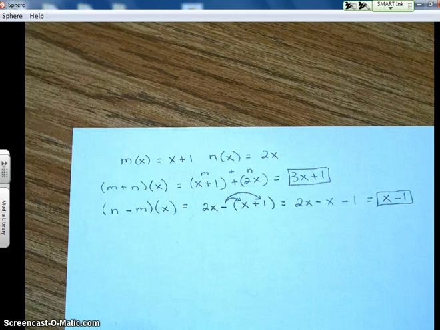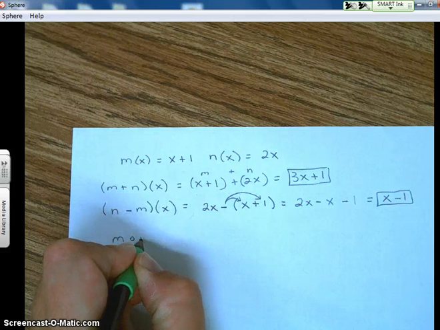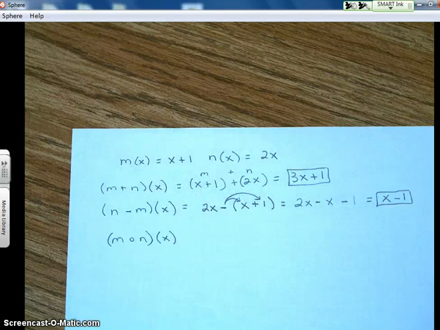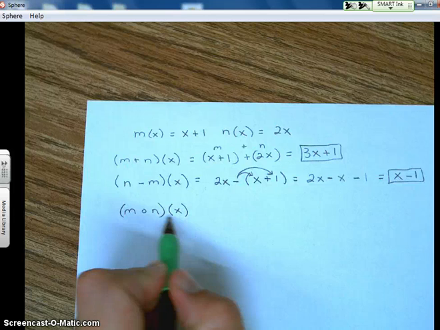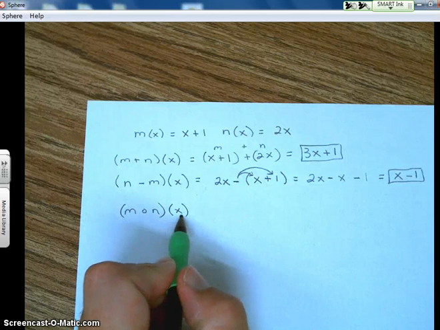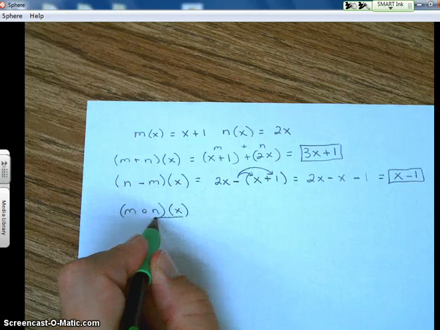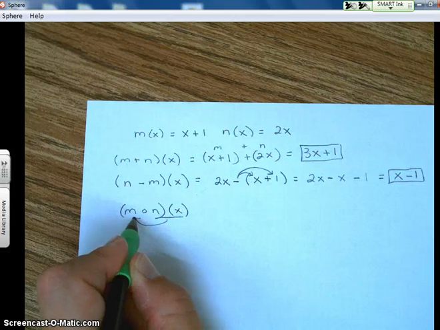Okay? Now let's go on down and go to a composition. Okay? So here we're going to take function n. Notice the variable is x, so there's nothing to input into n. It's already x. So we're going to take function n, and we're going to input that into function m.